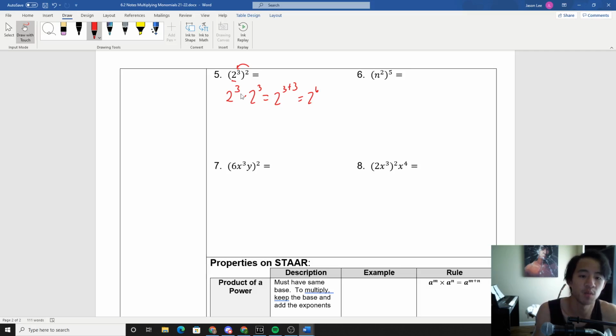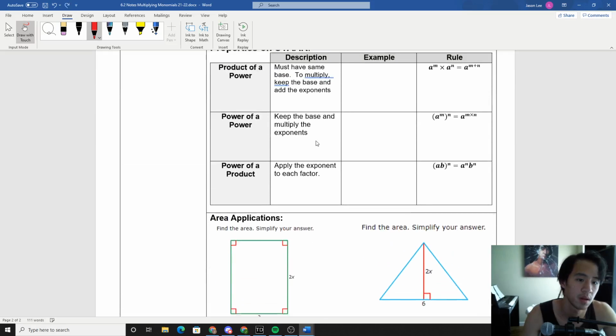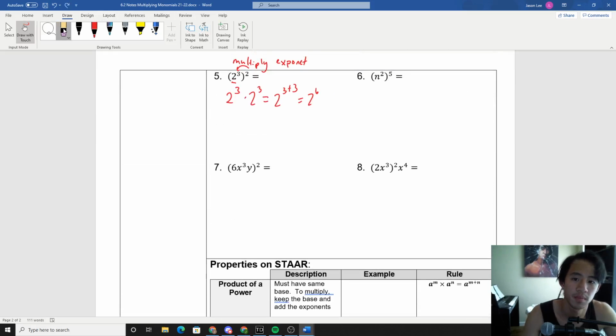So again, whenever you have a number raised to an exponent, and in parentheses raised to another exponent, you're going to be multiplying the exponents.